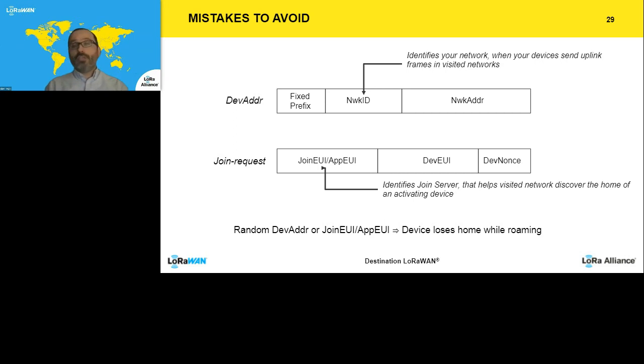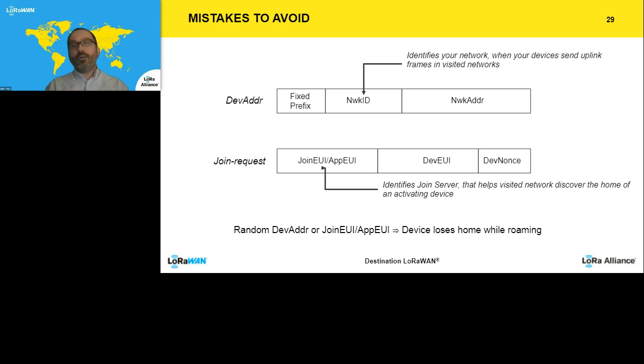And also, even if that value is assigned to a join server, it shall be generated from the so-called IEEE OUI, which is another unique ID, this time assigned by IEEE. So you should not just pick your own join EUI on your own. Instead, you should generate the join EUI by using the IEEE-assigned organizational unique ID, OUI.